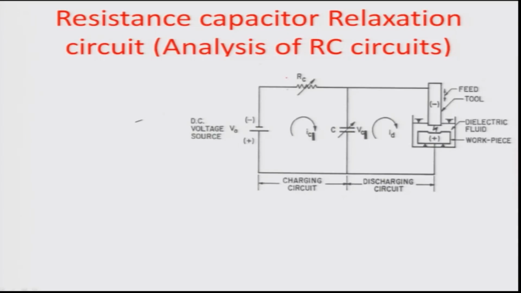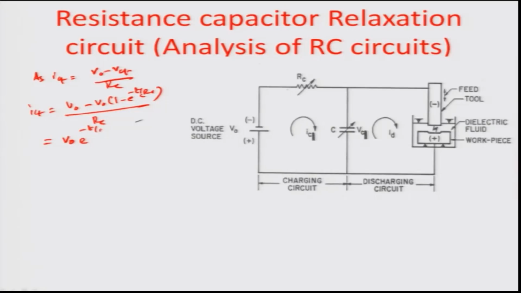So, as ICT is basically (V0 minus VCT) by R, I can always substitute the value of VCT here as V0 times (1 minus e to the power of minus t by RC), divided by R, and obtain ICT as V0 e to the power of minus t by RC divided by R. So, that is how you actually can know the value of current I as a function of time in the charging circuit. Okay. So, this value right here is ICT.